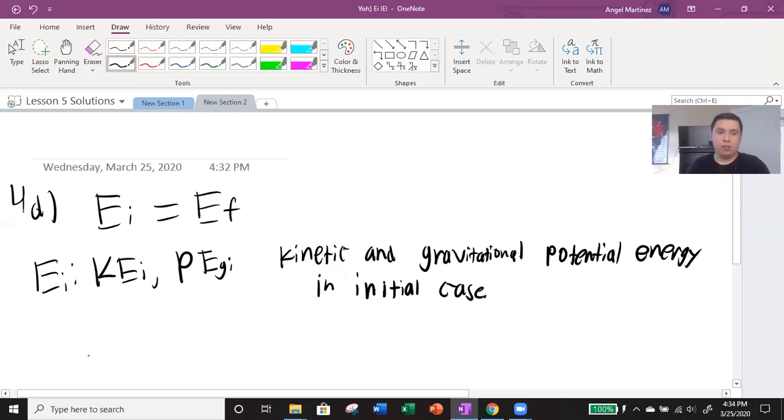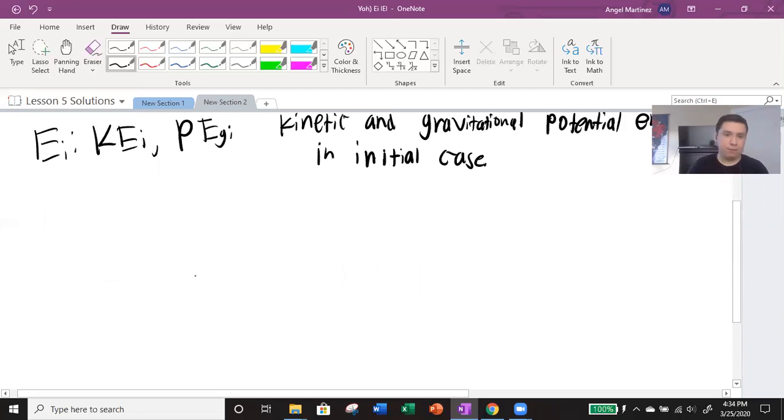Right. Let's write our steps for EF. That's really ugly. I'm gonna try to do these slower so they don't look as sloppy. So what do we have? Should not be an equal sign. That should be a colon. For here, we don't have kinetic energy because it's not moving.